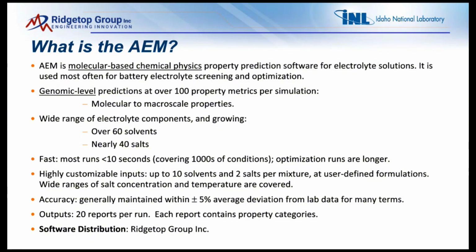It does provide genomic level predictions at over 100 property metrics per simulation, and these range from molecular to macro scale properties, and you'll see this in a following slide.